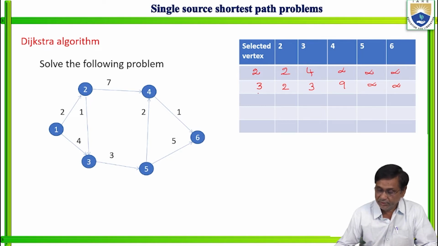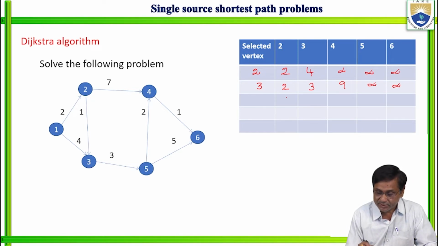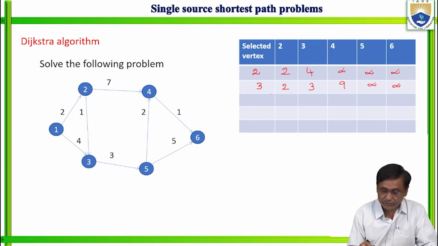After finding this, again we calculated the distances. Here 3 to 5, this is 2 only, this is 3 only, this is 9, but 5 is connected here. What is the distance over here? 3 plus 3, that is 6, and this one is infinity.